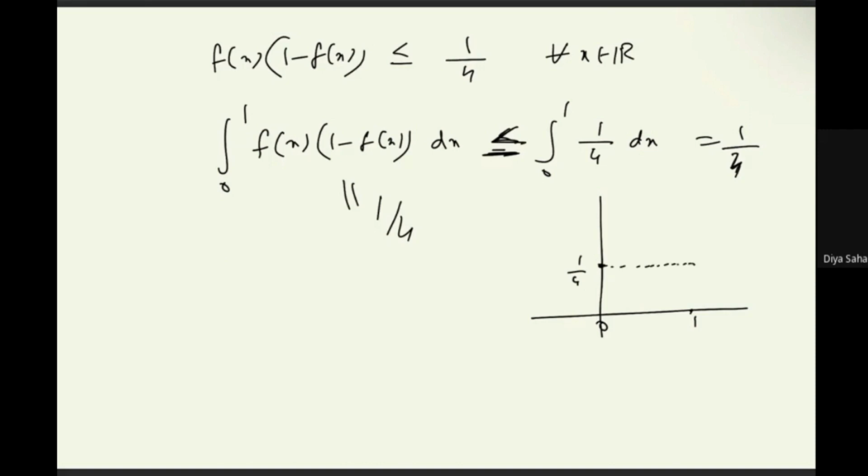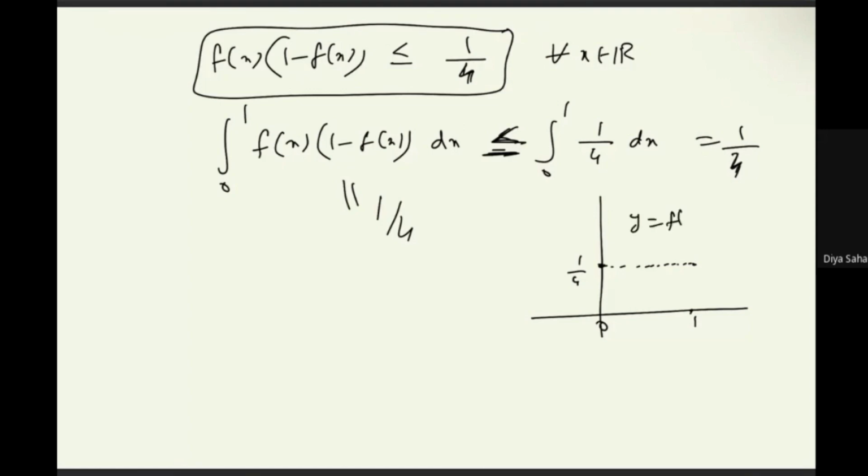Now I'm drawing the graph of f of x into 1 minus f of x. This inequality suggests that your curve lies below this line, below 1/4, isn't it?